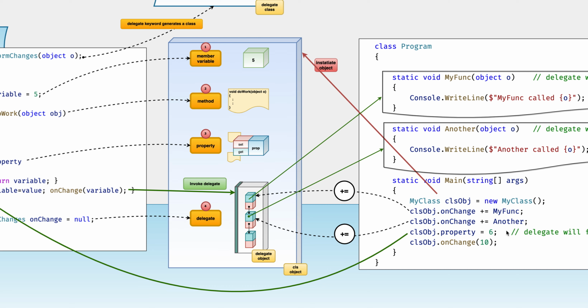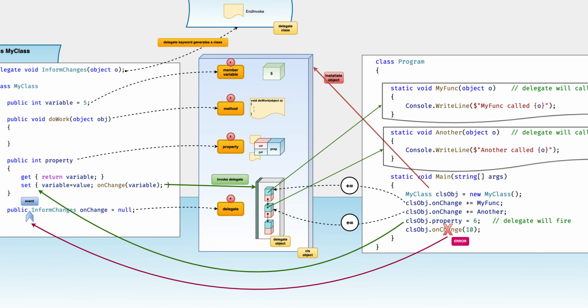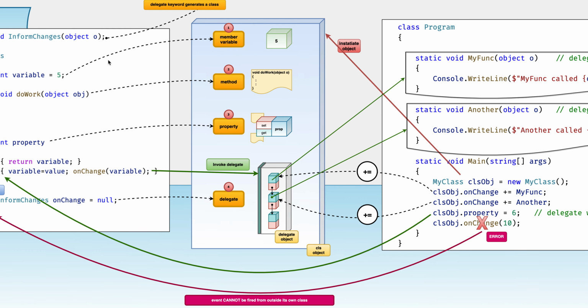So without the event, we would be able to fire that delegate from the client class, but with the event, we can no longer fire this, and that would be an error. So eventually, all that the event does is stop a delegate from being fired from outside its own class.